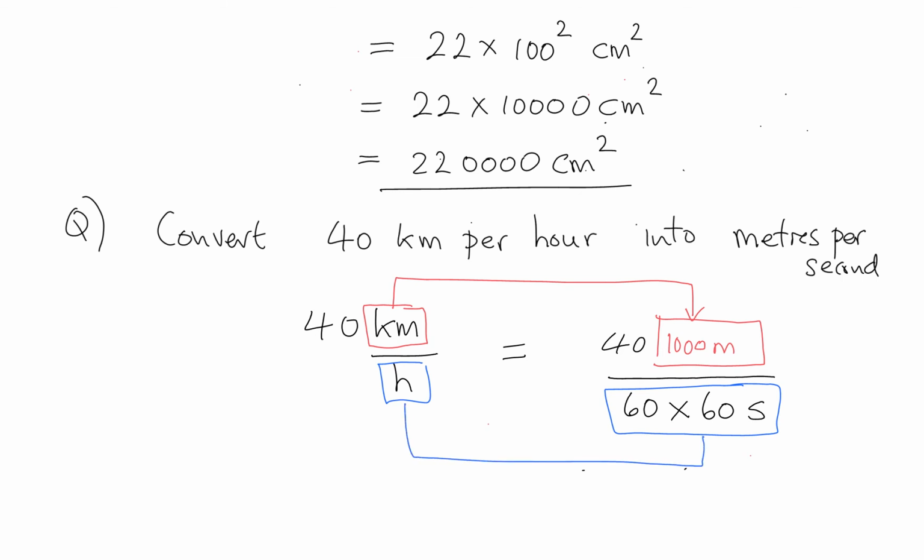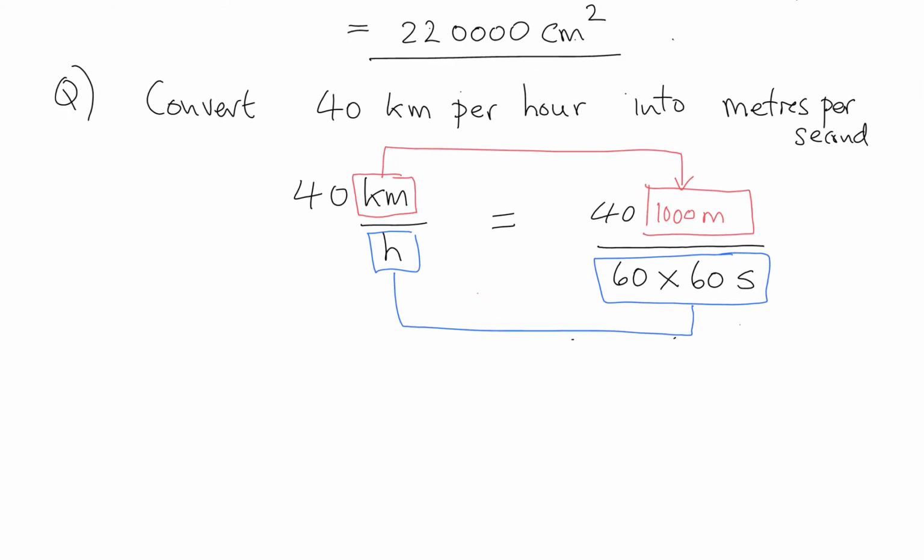So now what we need to do is to just simply sort out this fraction. So let's do some cancelling of some zeros. We can cancel a 0 there with that one, a 0 there with that one, and we're left with 40 times 10 metres at the top. 40 times 10 is 400. And divided by, what are we left with at the bottom?